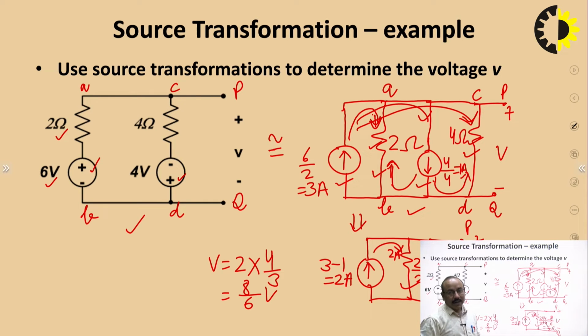Here, voltage sources are given in the circuit, so we convert them to the equivalent current source, and then simplify the circuit to the final step where we have a single source with an internal resistance, and then we can find the voltage, current, whatever we require. So, this is the method by the help of which we can do it.